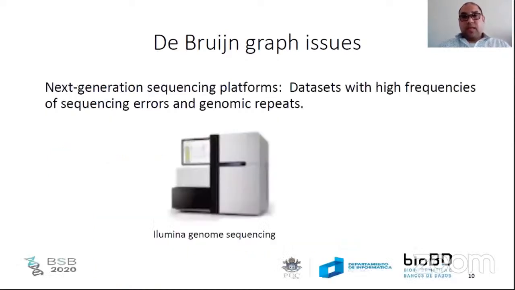And the second is the next-generation sequencing platforms. They produce sequencing errors and genomic repeats. These can introduce new vertices and edges to the graph, significantly expanding its size and creating topological artifacts, for example tips and bubbles.